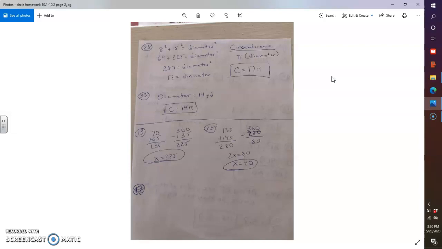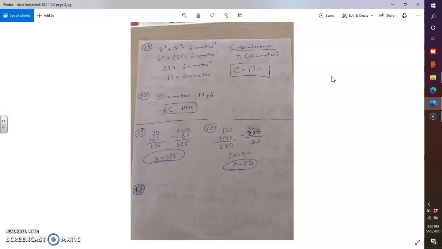So once again, if we have a right triangle, we can use the Pythagorean theorem to get our hypotenuse, which is 17, and then the circumference is whatever the diameter is times pi. Now, a lot of you have probably learned that pi is 3.14. That's an estimate, all right? Pi actually goes on forever. We're going to want to write that answer as just 17 pi, and you just leave it as pi. So that's how you do number 28.